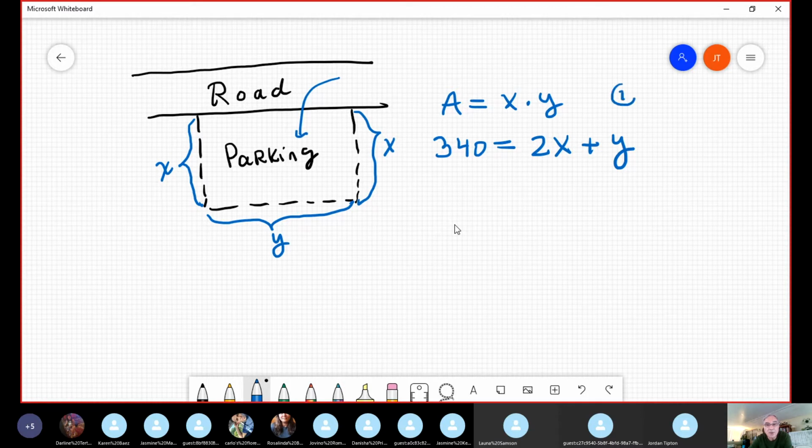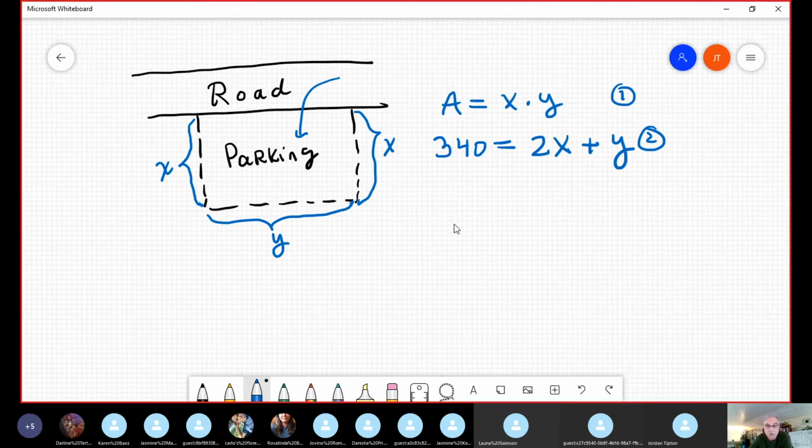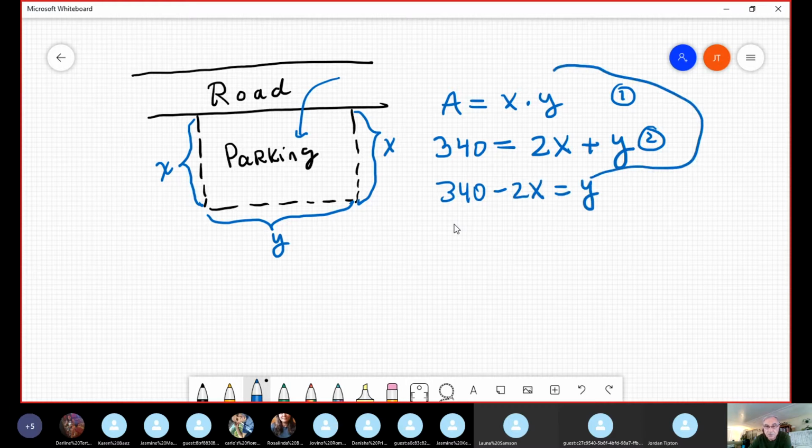Do you understand equation 1 and equation 2, using basic geometry? Yes or no? Good. Now I try to manipulate this equation. For example, I want to solve for y, so 340 minus 2x equals y, and substitute this y here.